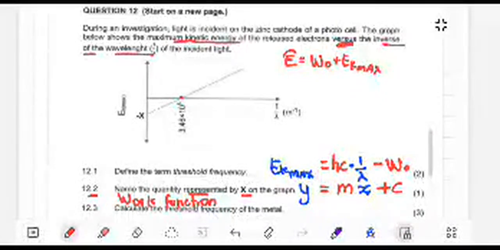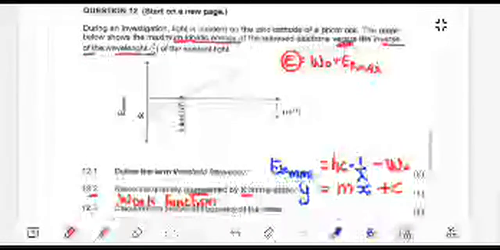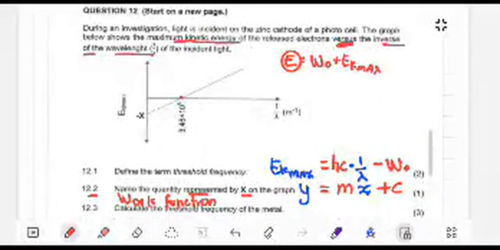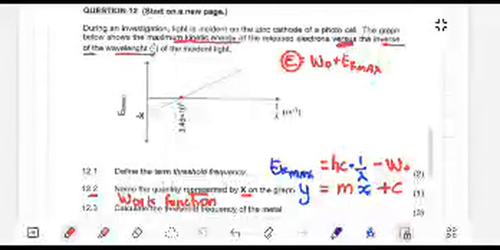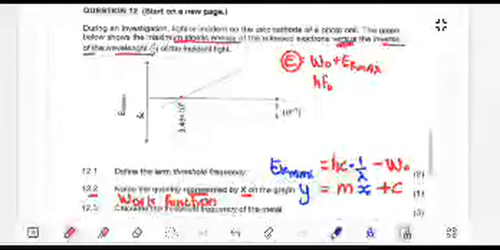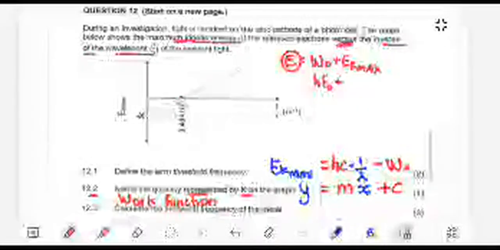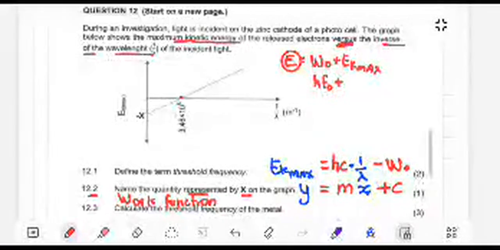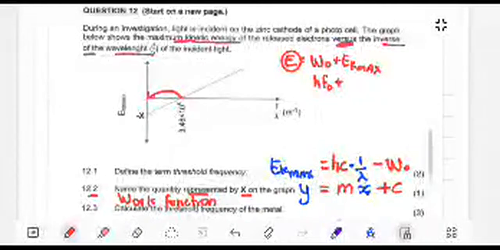So I do know what I can find. I want to know the threshold frequency. So this would have been HF naught plus EK max, so I would have to substitute E.